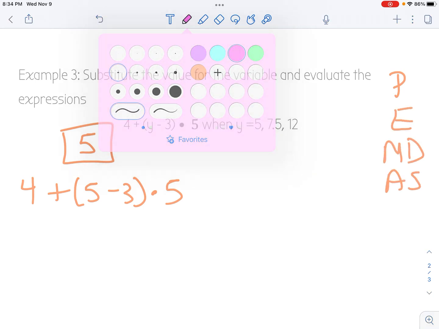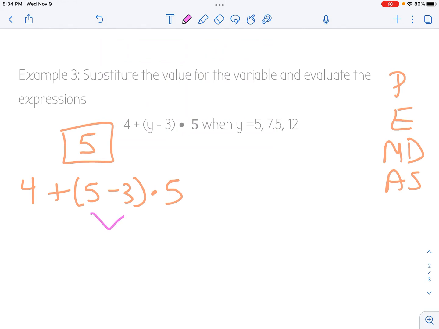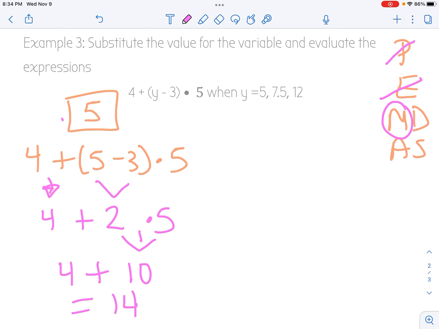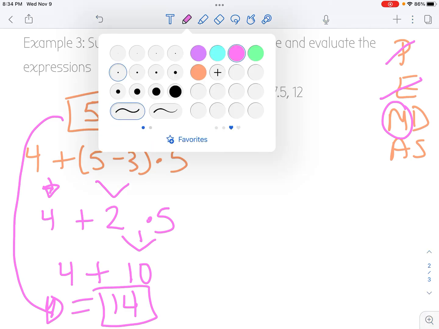I do have parentheses. 5 minus 3 is 2. Everything else I bring down so I don't lose my placing. I'm done with parentheses. I do not have exponents, but I do have multiplication. 2 times 5 is 10. All that's left is to add my 4. So when y is 5, my answer is 14.